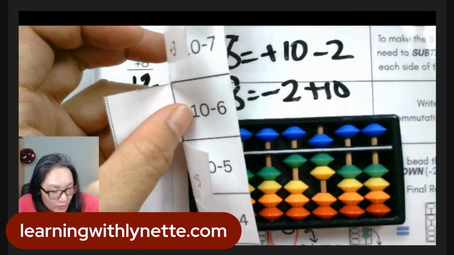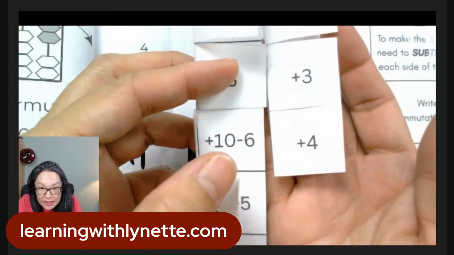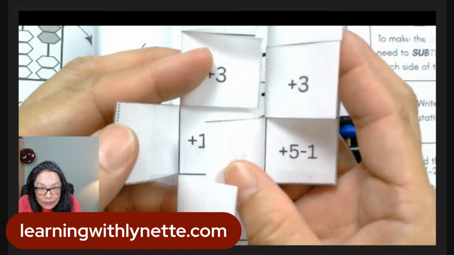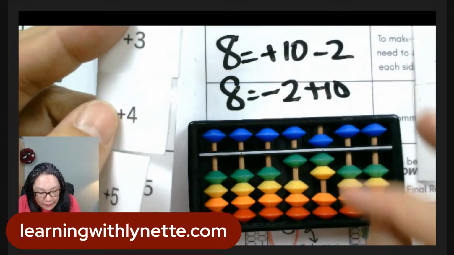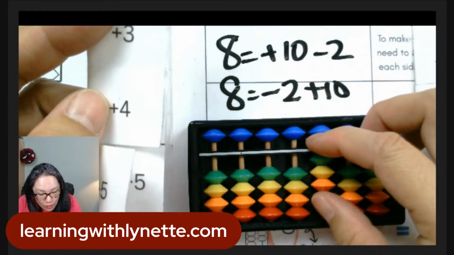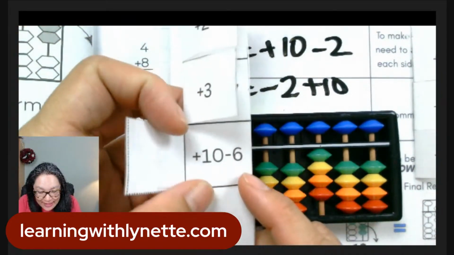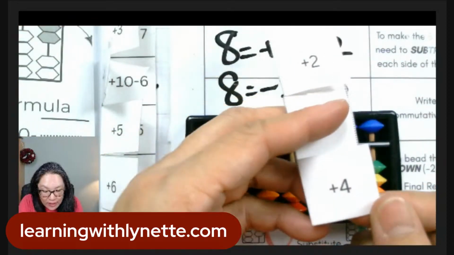Now, why are we knowing this? Well, if you notice, there is a difference if we want to add the 5 or if we want to add the 10. Now, when do we do this? It depends if we have enough beads. So if I have 4, I want to add another 4. Do I want to add the 10? No. Now it's too much. What I need to do is add the 5.